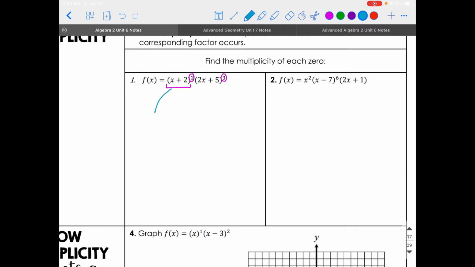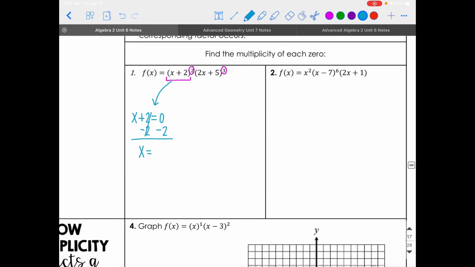So what we do is find the zero, or the x-intercept. So x plus 2 equals 0. We take what's in the parentheses and set it equal to 0, and then we solve. So we subtract 2 from both sides. That cancels.